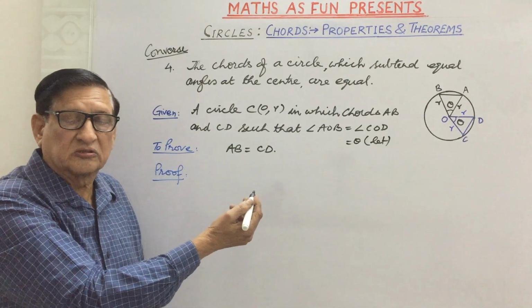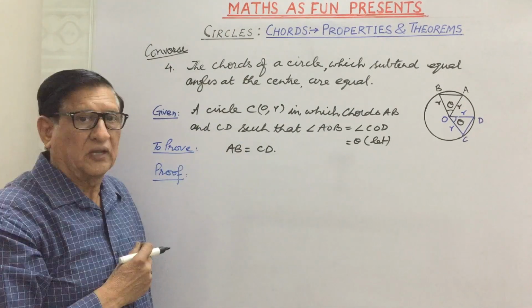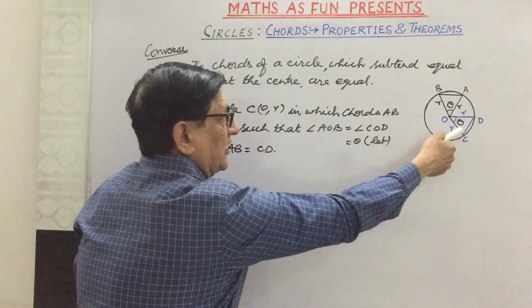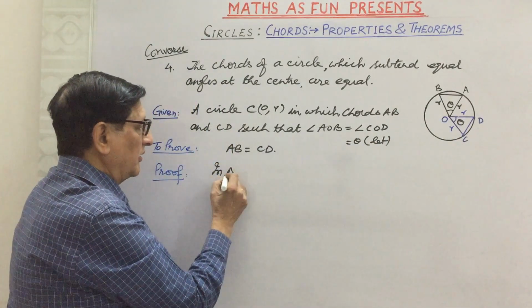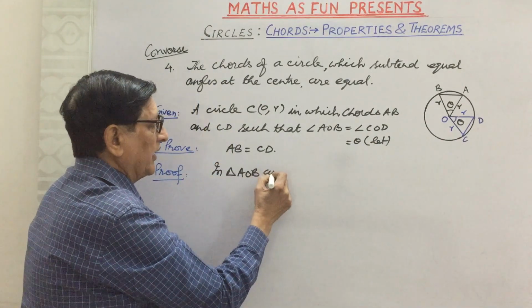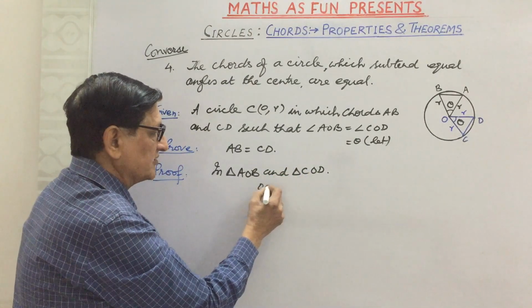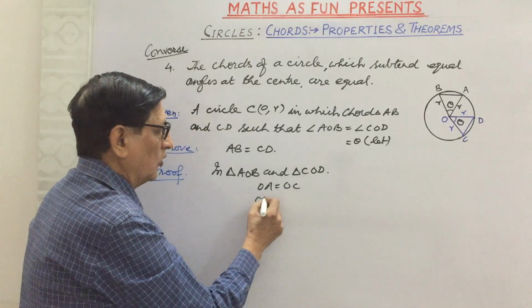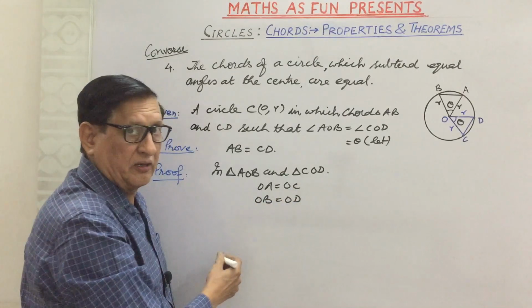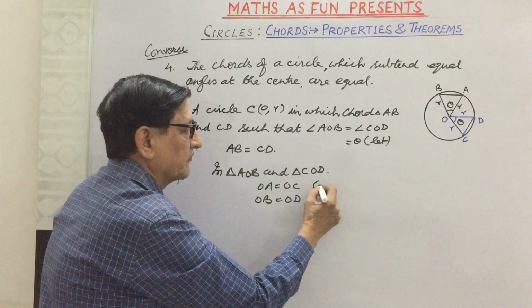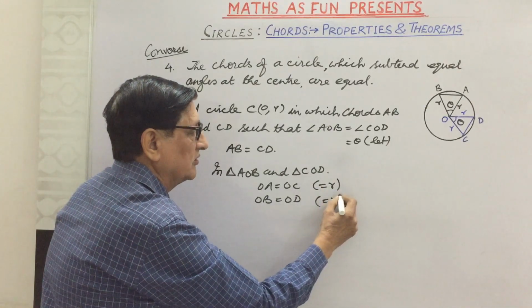Here also no construction is required, so we go to the proof. In proof we take the same two triangles. In triangle AOB and triangle COD, OA is equal to OC, OB is equal to OD, as these are all radii of the same circle, equal to R.